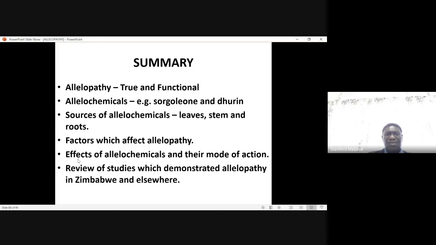We also went through a sort of review of how allelopathy was demonstrated in Zimbabwe and elsewhere, just to give you a picture of what allelopathy can do.